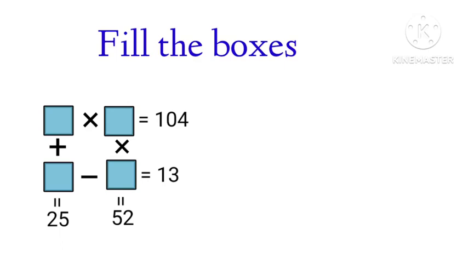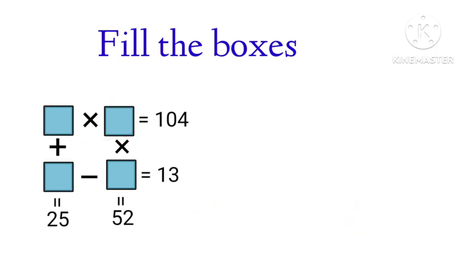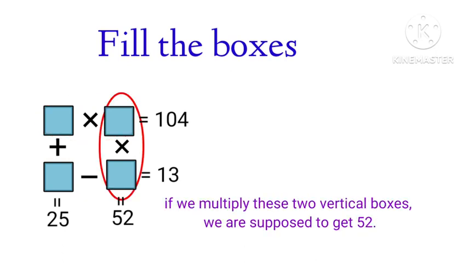Now I'm telling about how to fill these 4 empty boxes by using their values. We multiply these 2 boxes, and we are supposed to get 104. If we multiply these 2 vertical boxes, we are supposed to get 52.